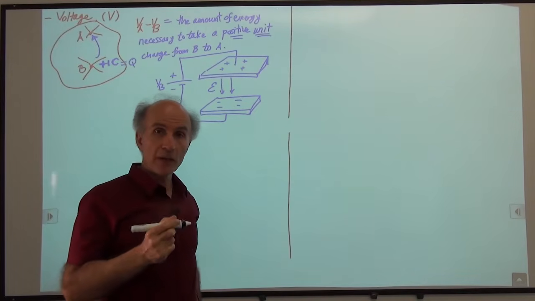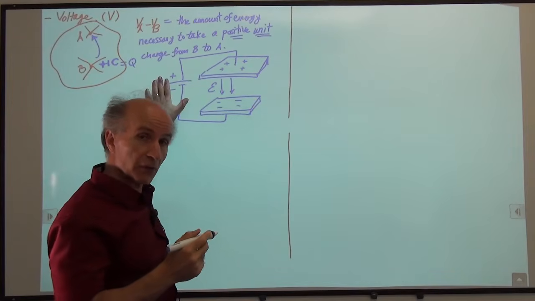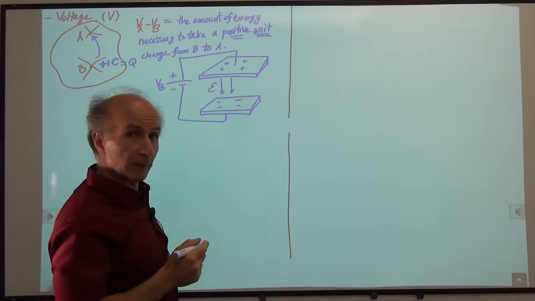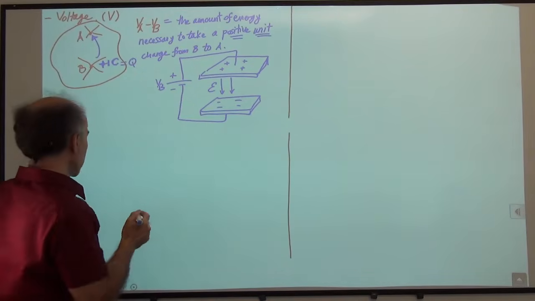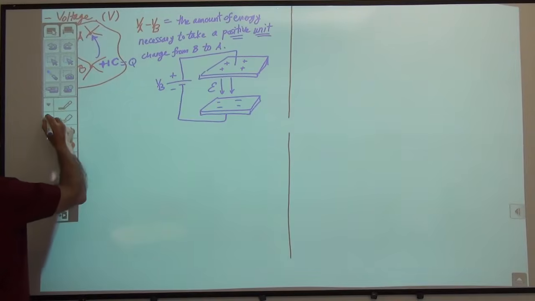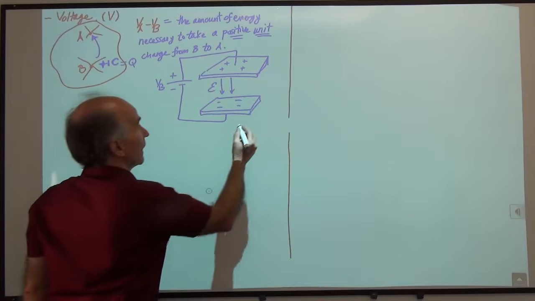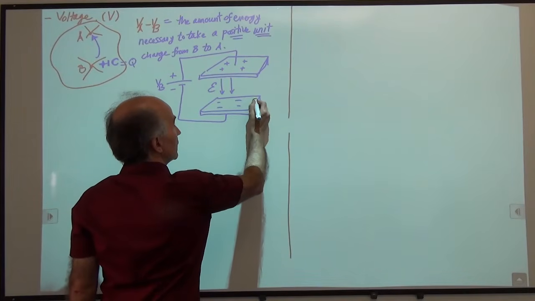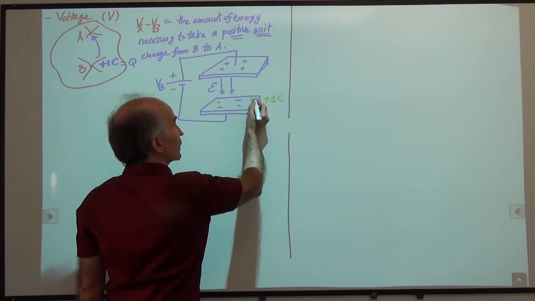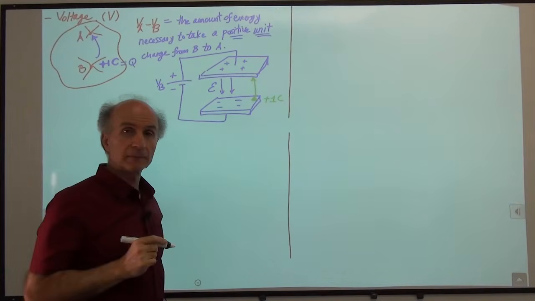Now, to measure the voltage difference between these 2 plates, which actually is this voltage, I will perform an experiment. I will take some amount of charge, let's go to a different color, maybe green, for example +1 coulomb, and try to bring it from this plate to that plate.